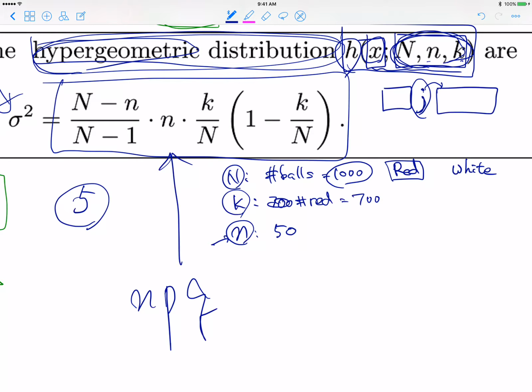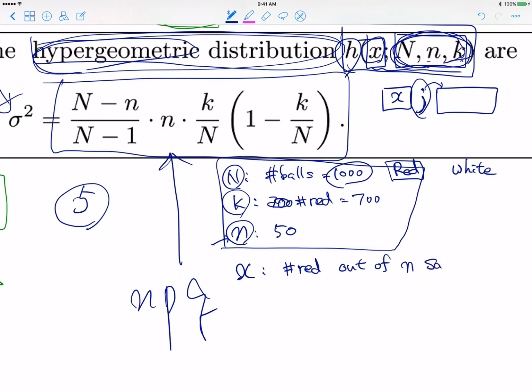But what is our random variable? What is the meaning of the random variable that we have? X, which is located on the left side of this semicolon, is basically the number of red balls out of n selected samples.